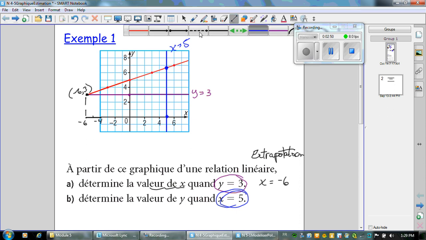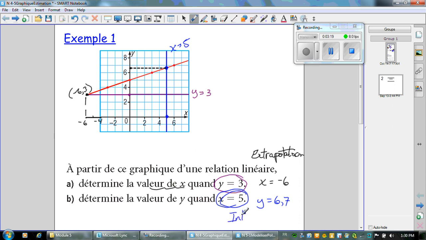You need to go to your y-axis, and it's around here. It's between 6 and 7, but it's closer to 7. So you could put, as a value for y, 6 point something. I would accept anything over 6.5, so 6.7 would be fine. That's inside the graph. It's in the interior of the graph, so it's called an interpolation.